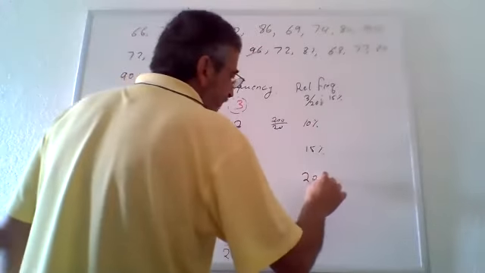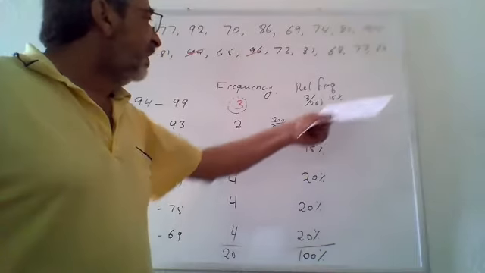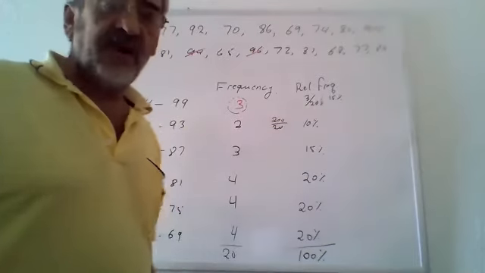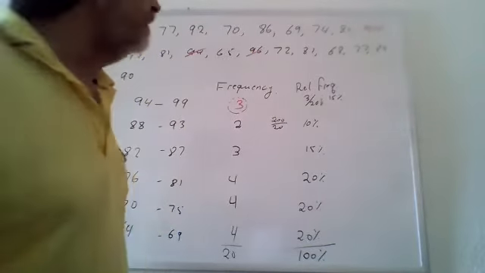And the other 4 is also 20%. A total of 100%. So you should have 100% in total. So 20, 40, 60, 75, and 25 for both of these would be 100%.